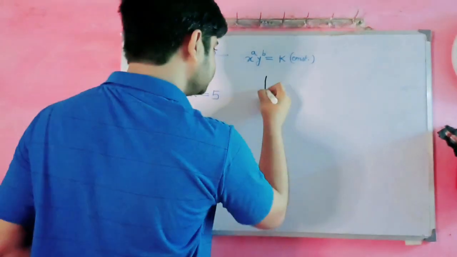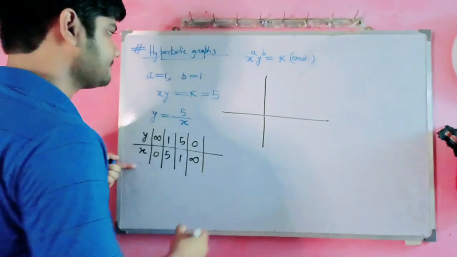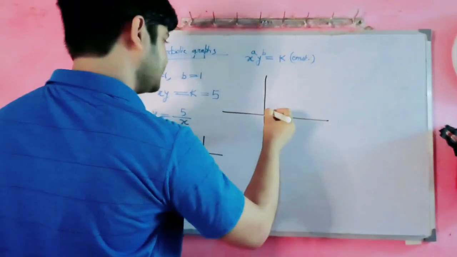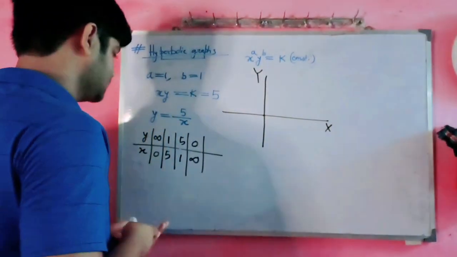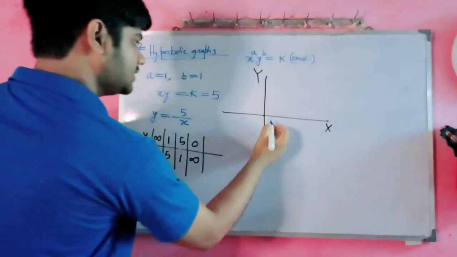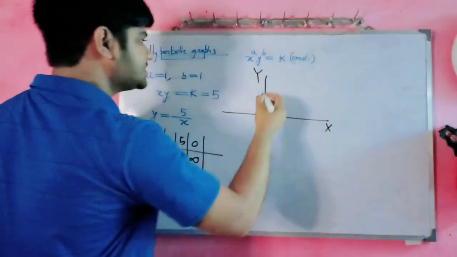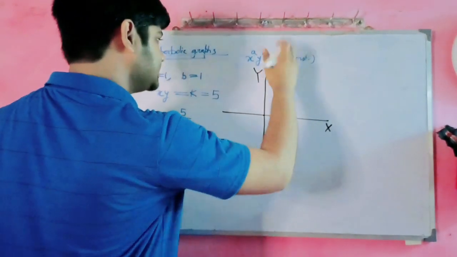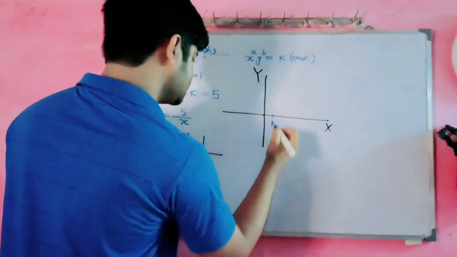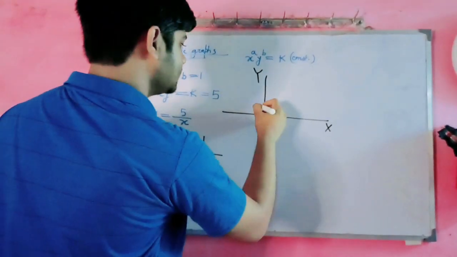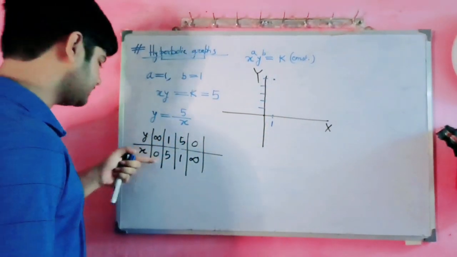So how will it look? If we plot it, when x equals 0, that means it is approaching 0, y becomes infinite. We don't know where it is infinite. Now at x equals 1, y equals 5, 1, 2, 3, 4, 5 here.